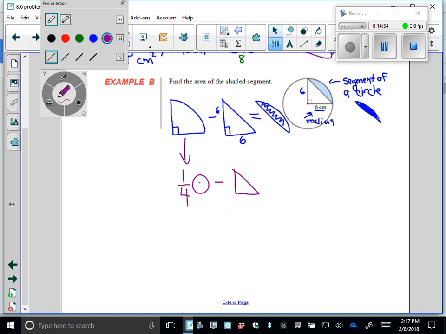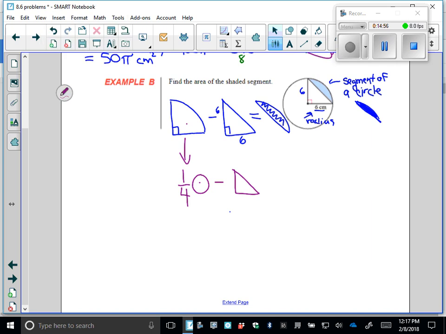And so this is 6, so it's 1/4 of 36 pi, because remember the area of a circle is pi times r squared, and that's pi times 6 times 6, which is 36 pi.